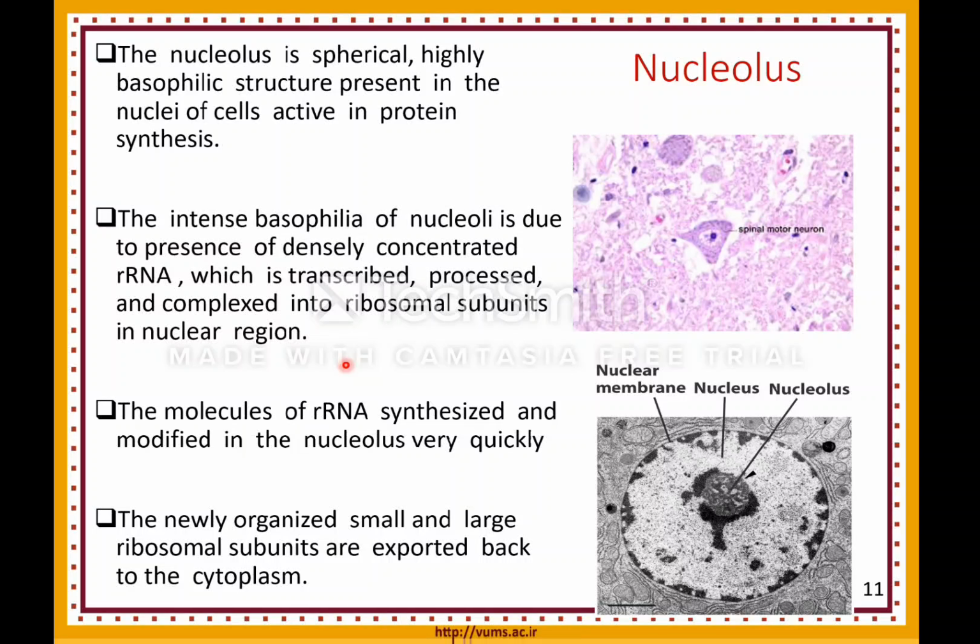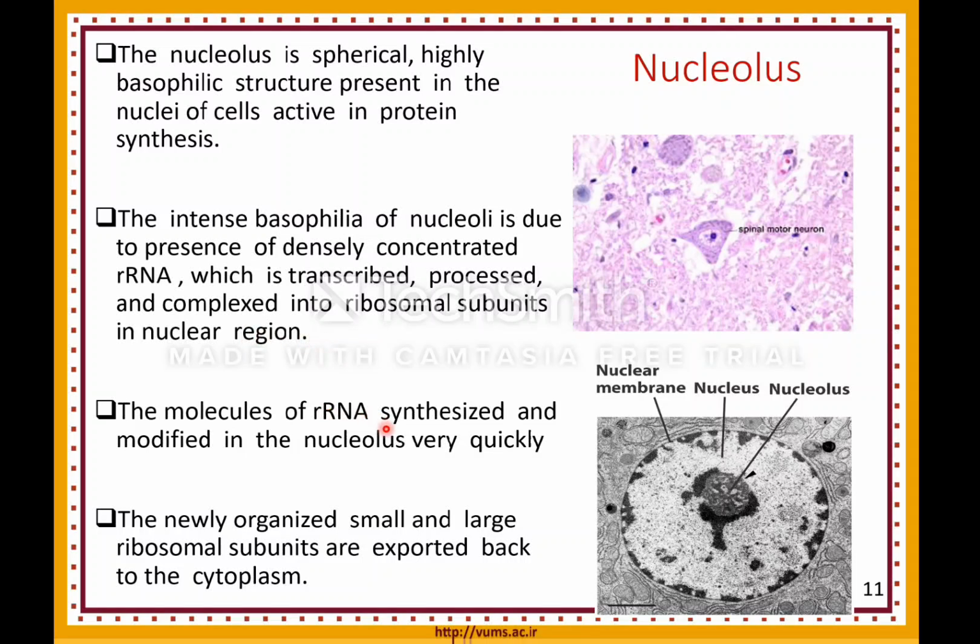The nucleolus is a spherical and highly basophilic structure that is present in the nuclei of cells and is active in protein synthesis. It is basophilic because of the presence of concentrated RNA that is transcribed, processed, and complexed into the ribosomal subunits in the nuclear region.